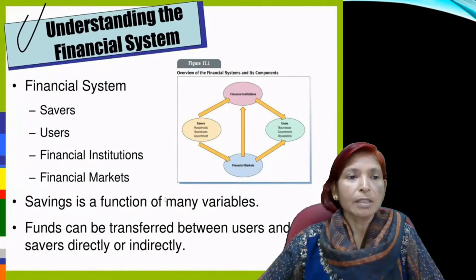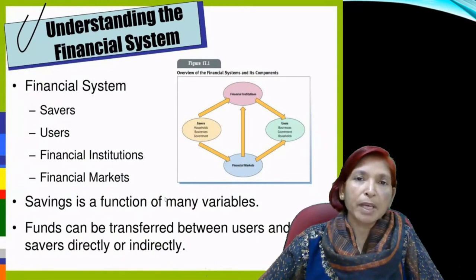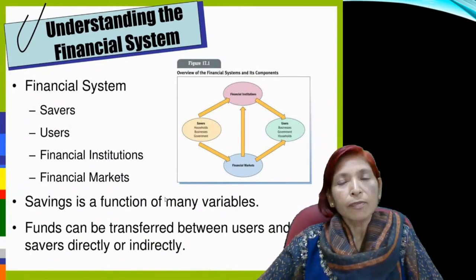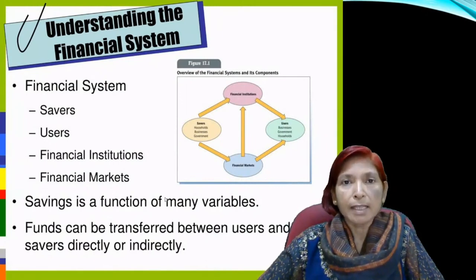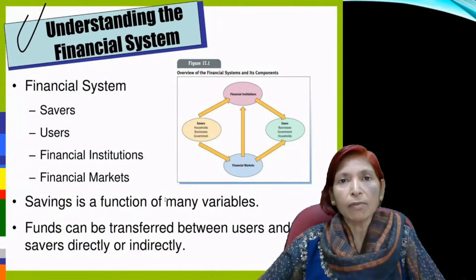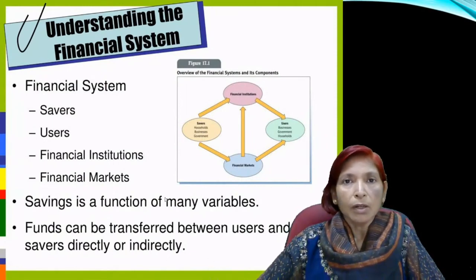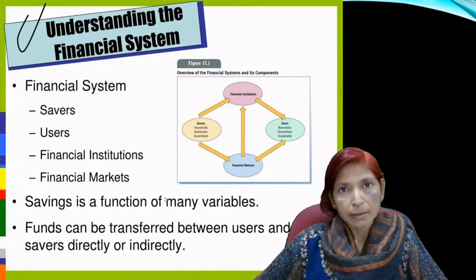So in this session, first of all, the financial system. Financial system is based on savers, users, financial institutions, and financial markets. You know that finance is the main instrument of all economic activities. Without finance, production can't happen.